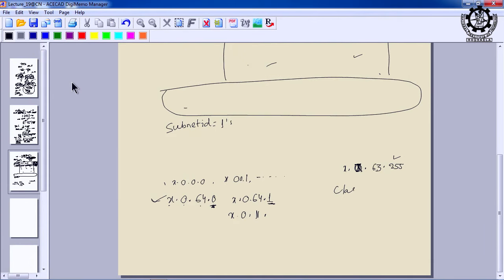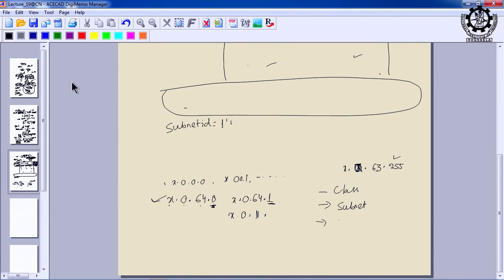This is how the IP configuration is made in any organization. First they decide what classification we are going to have, class A, class B or class C. Once that class is decided, then you decide how many subnets are required.